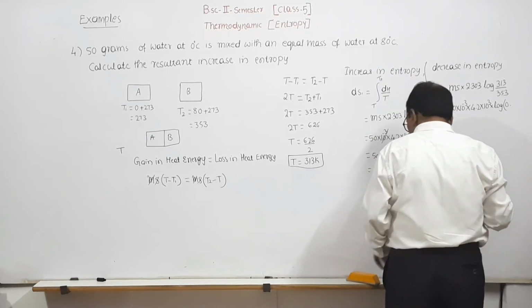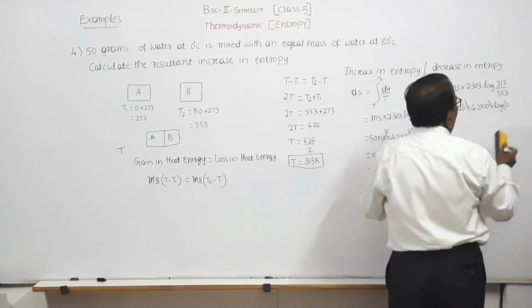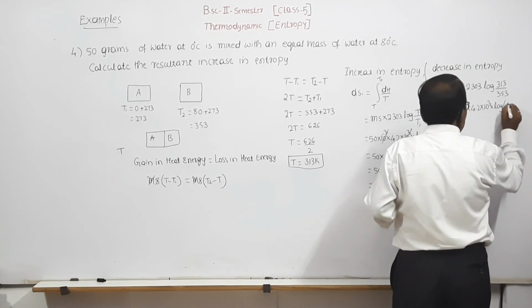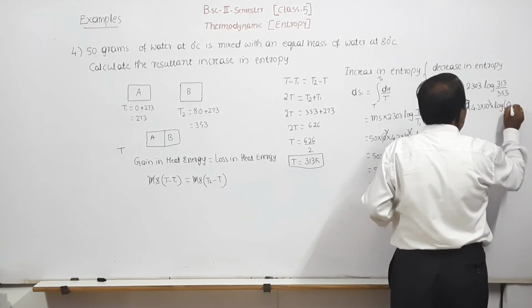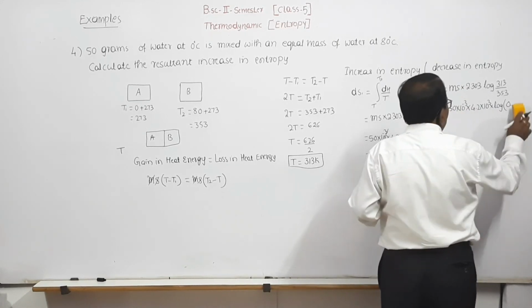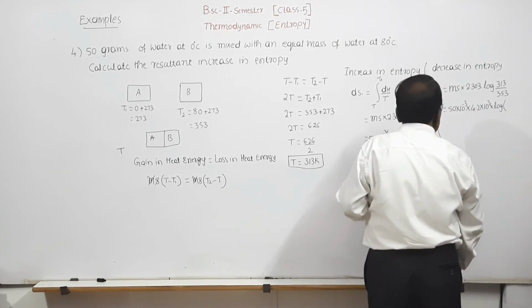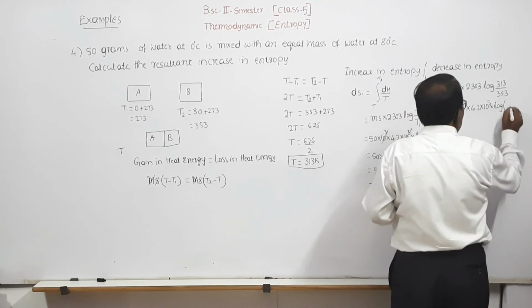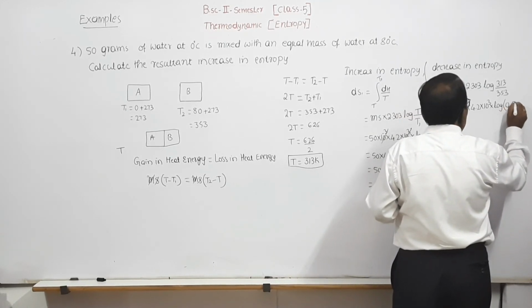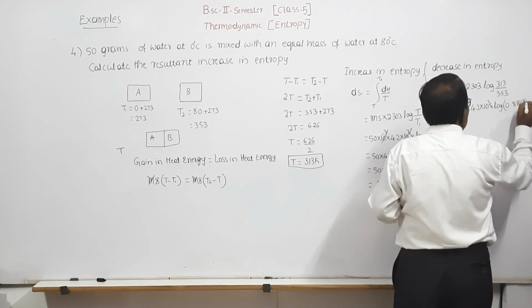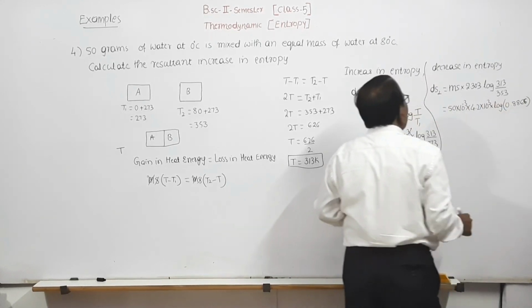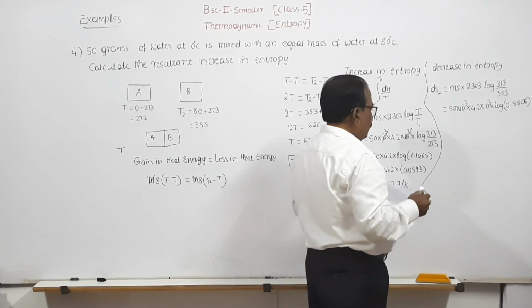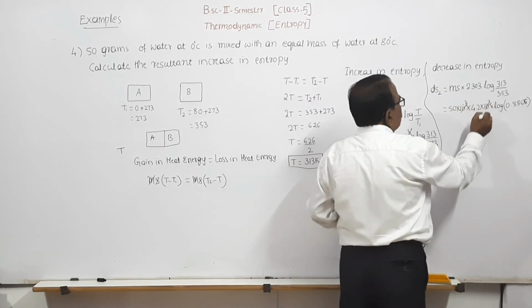313 divided by 353 is 0.8866. This cancels.